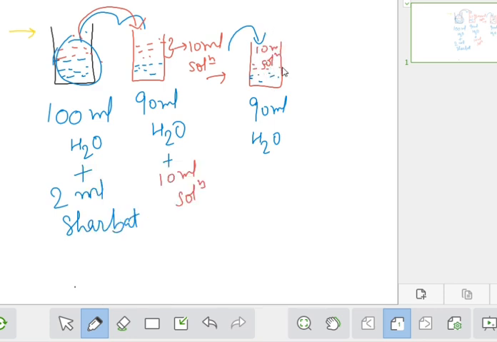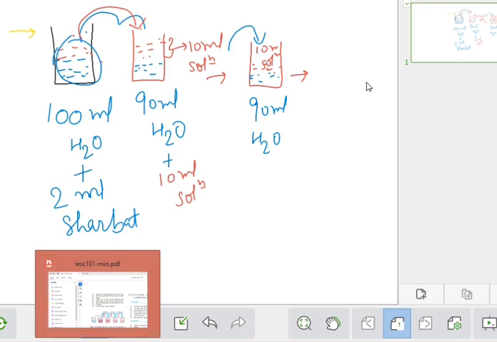If we continue like this, there will be a change in the color of the solution. Why? Because suppose we take a glass of water and add 2 spoons of sharbat, then from that glass we take 2 spoons and mix it in another glass of water. By this the red color of the sharbat will fade.